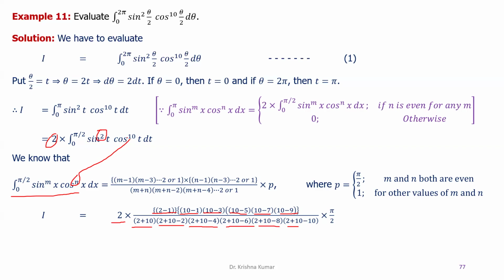And since m and n are both positive even integers, the value of p will be pi by 2.